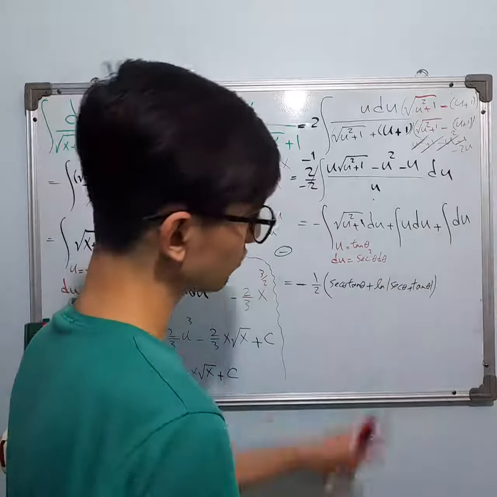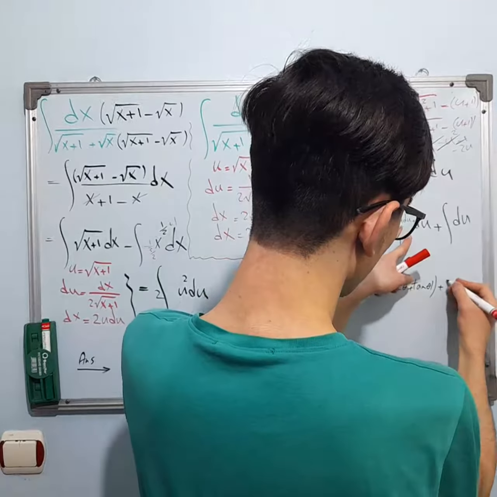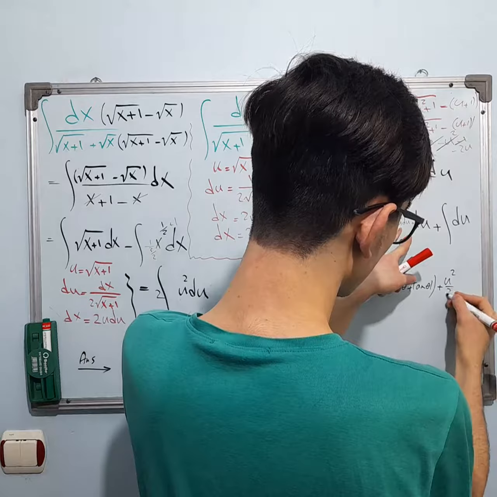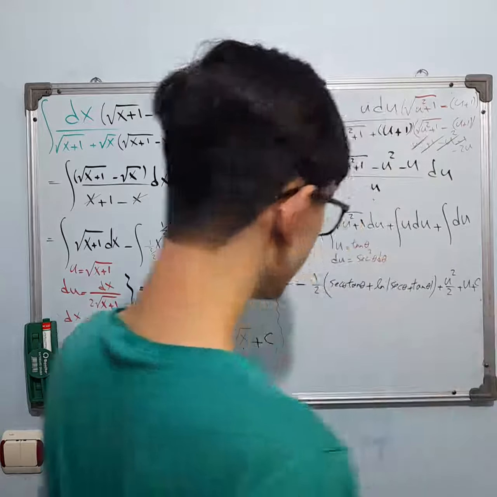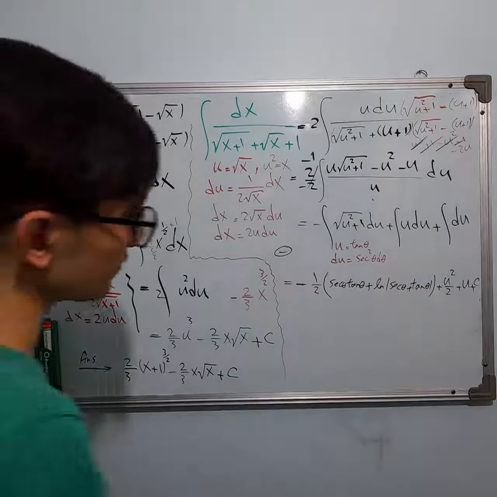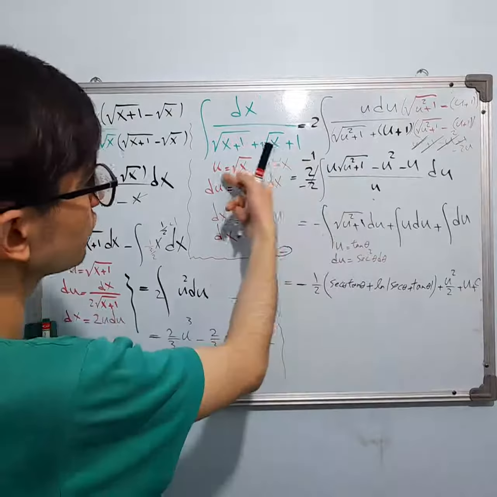And you know, the integral of u du is u squared over 2, plus this one u, and finally plus c. Now I need to change all of these, theta and u, to the x word, which was here.